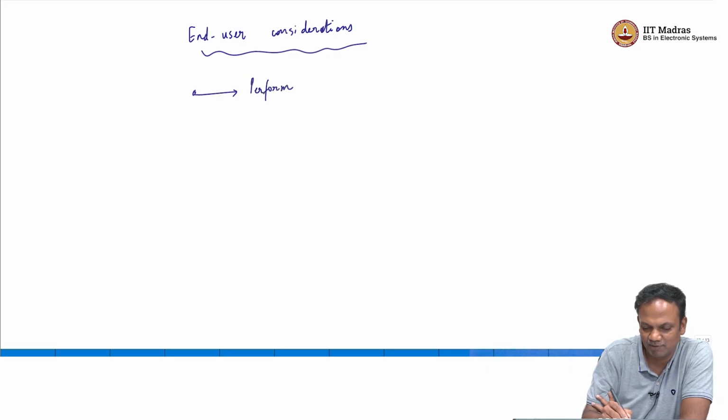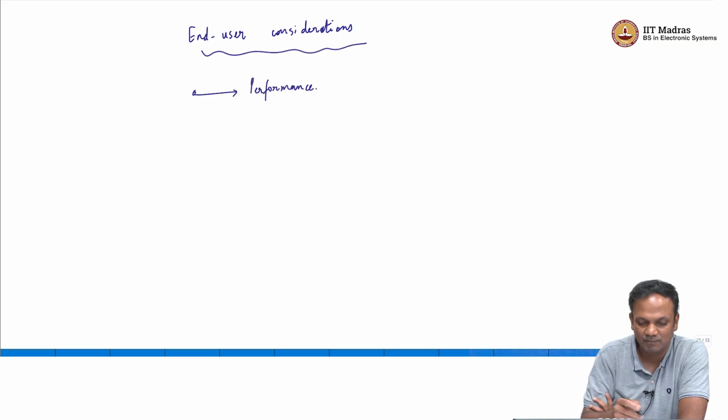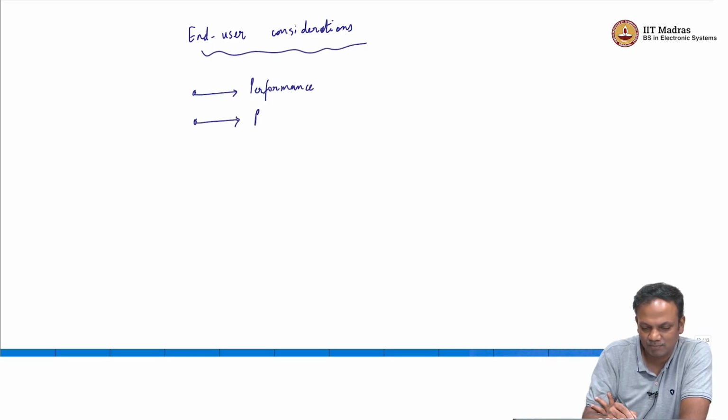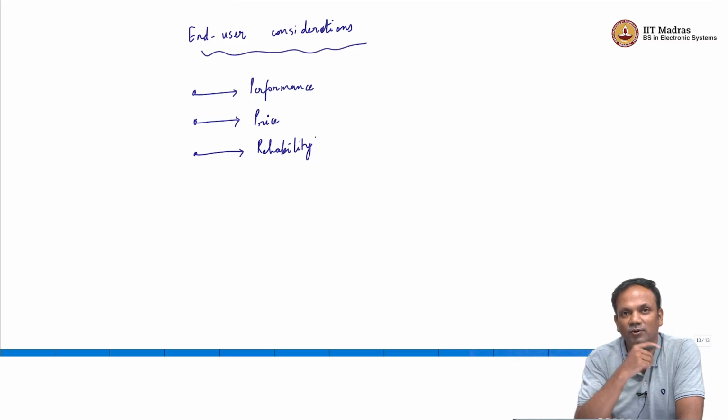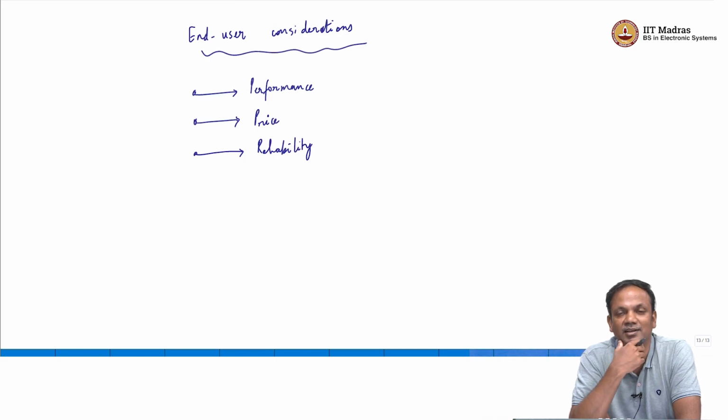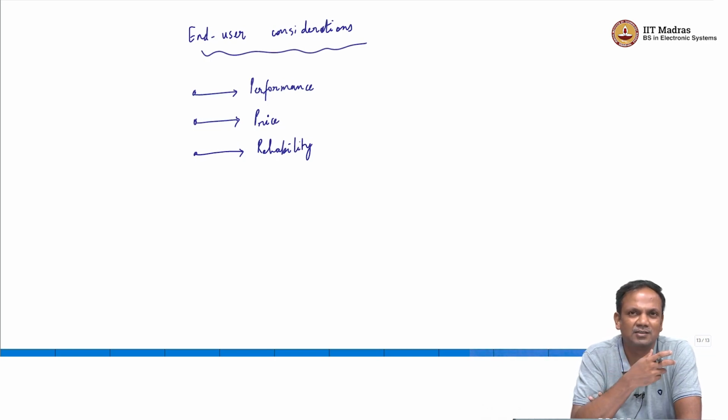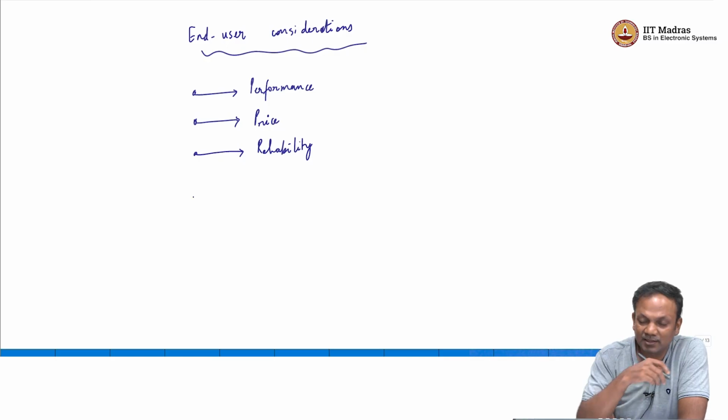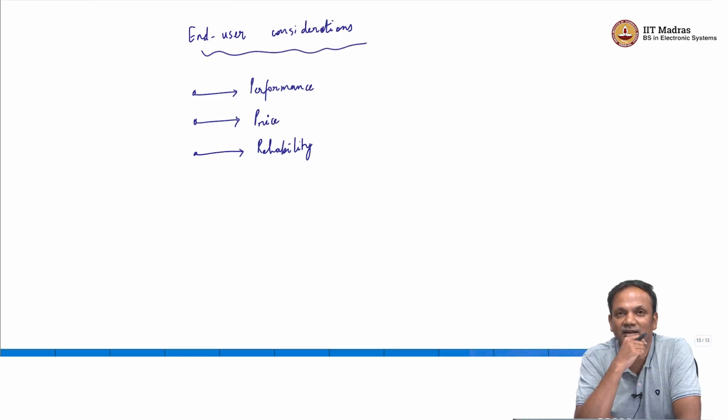If the product says it will do something, it better do it. I care about how much I am paying for it. I care about the reliability of the product. I do not expect that I bought it today, it worked today, and the following day it stopped working. That is not a great experience for me. I assume that an electronic product is going to last me a few years at the very minimum. These are the three things that a customer will care about.